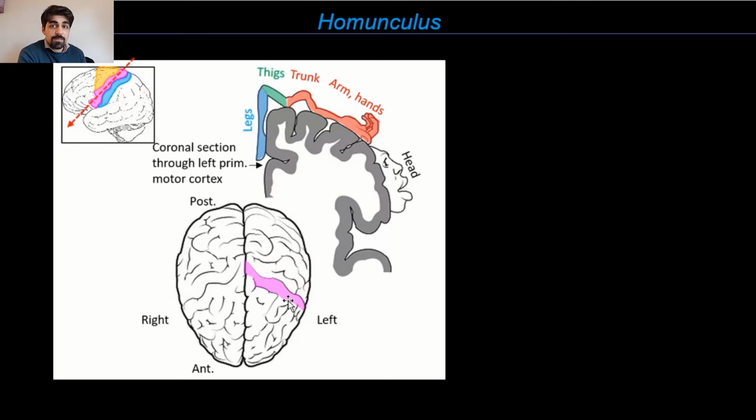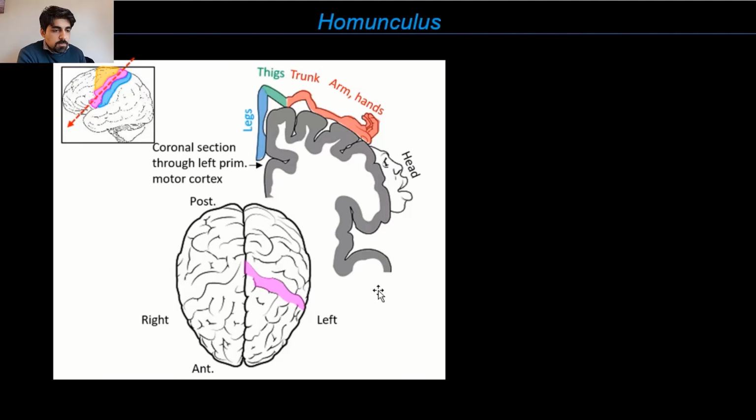This is the area which is sandwiched between the central sulcus and the precentral sulcus. Now, if we take a coronal or a side-to-side section through the precentral gyrus, then you can see the coronal section over here. You can see the medial surface of the cerebral cortex shown over here. Well, this would be the superolateral surface, and you can see the lateral sulcus over here separating the parietal lobe at the top from the temporal lobe down below.